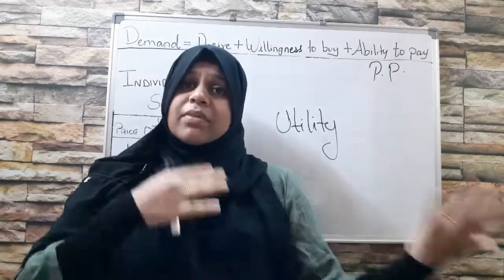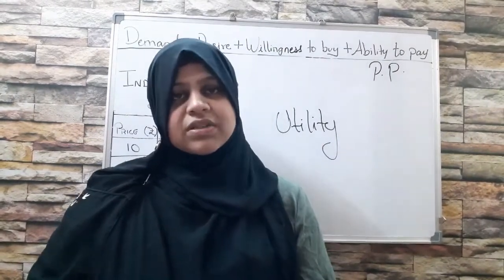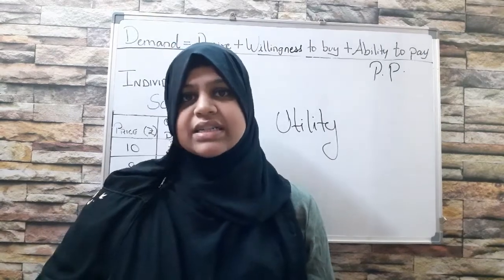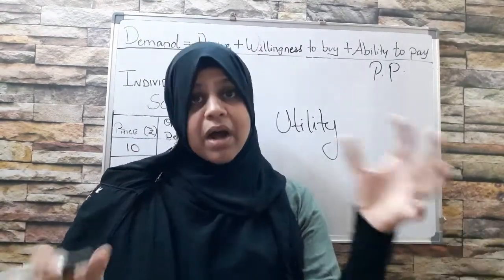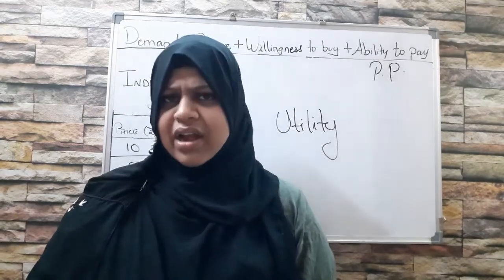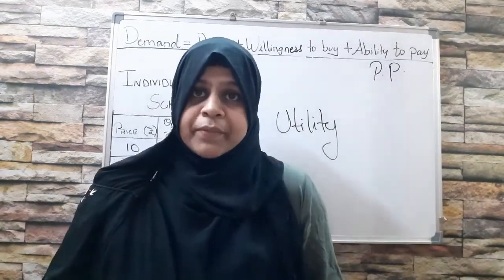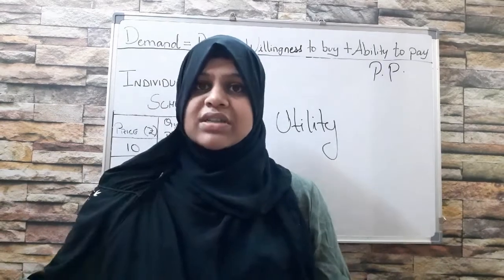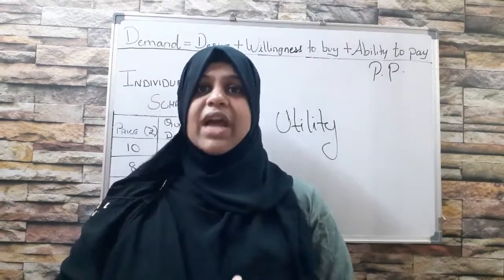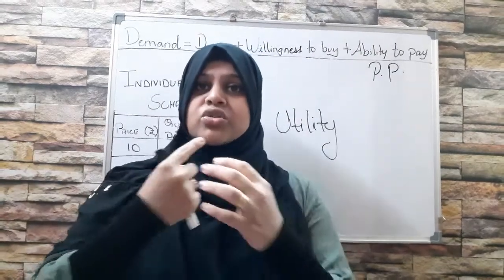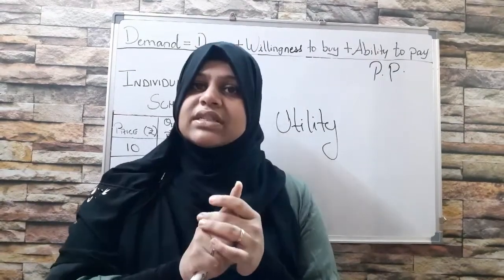What about market demand? Just the opposite. Market demand is the demand of all the consumers who are buying from that particular market. There may be one consumer, there may be 10 consumers, there may be lakhs of consumers, depending upon the population of that area. So individual demand is one person's demand.